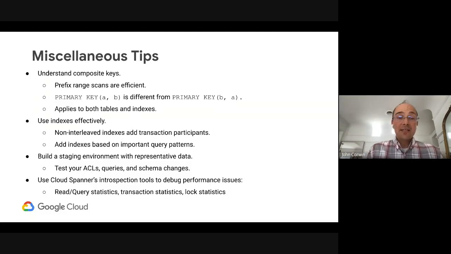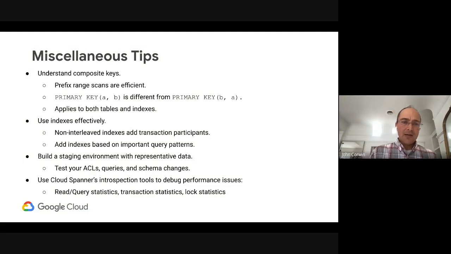That's because each non-interleaved index is going to add transaction participants, right? So if I blindly index all columns, whether or not I need that, with individual indexes, then you're not going to be using the system as efficiently.